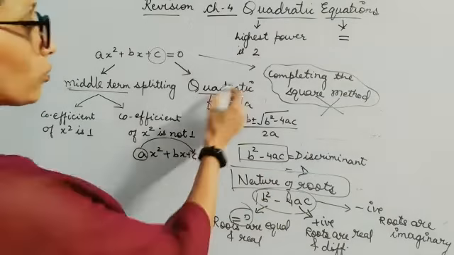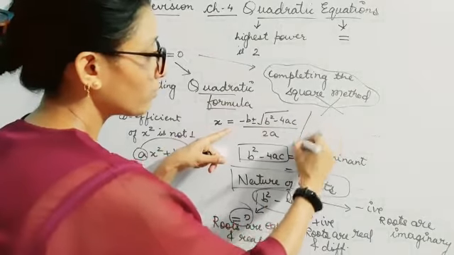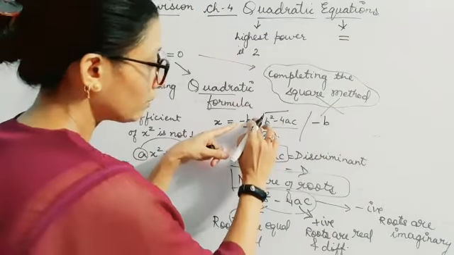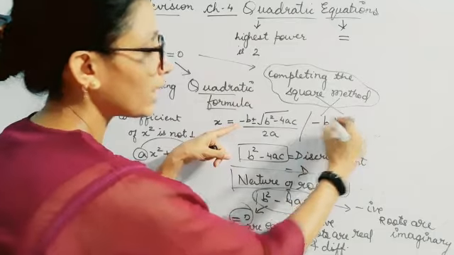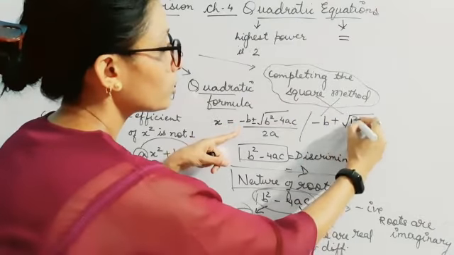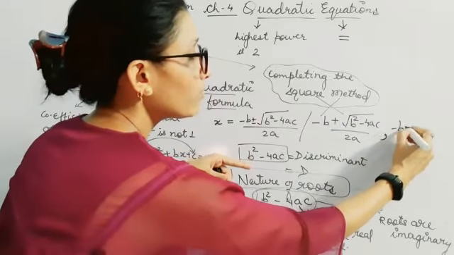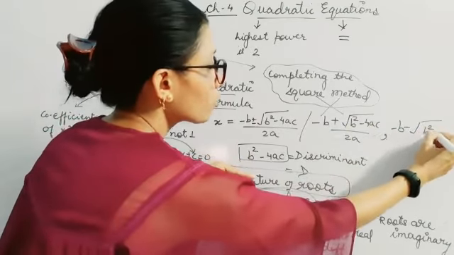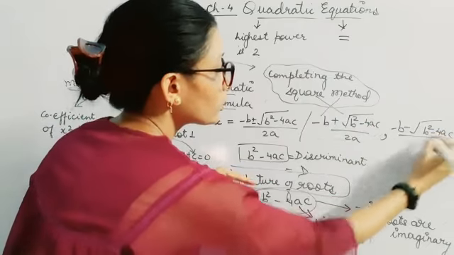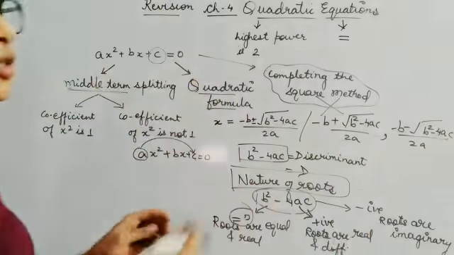This quadratic formula is also known as Sridhar Acharya's formula. Here plus minus means once you will have the plus value, b square minus 4ac upon 2a, and once you will have the negative value. So what you need to do is just divide by 2.